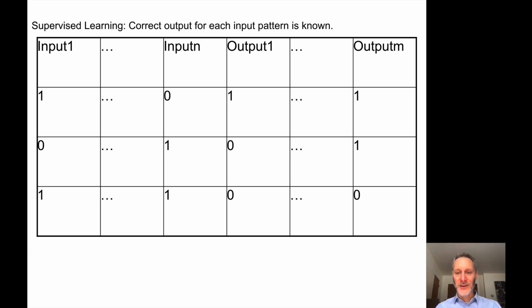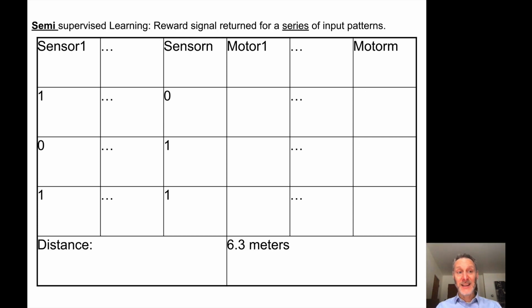So supervised learning is in many ways a simpler task than what we're going to look at in this class, which is semi-supervised learning. We're mixing the terms evolution and learning. Evolution and learning in nature are very different things. Unfortunately, in AI and machine learning and robotics, sometimes these terms, learning and evolution, are mixed up a little bit.